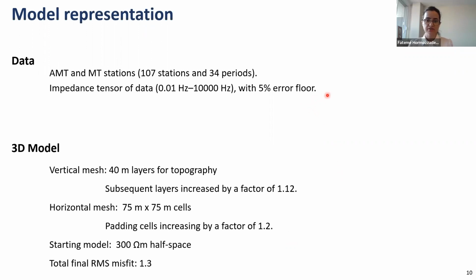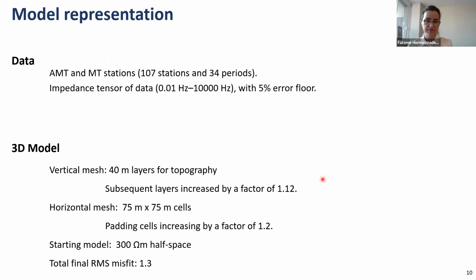The data that I used for the 3D inversion model that I'm going to show was the impedance tensor of 107 stations. I have run 3D inversions using CGG's RLM3D, and I got models with almost the same structures.